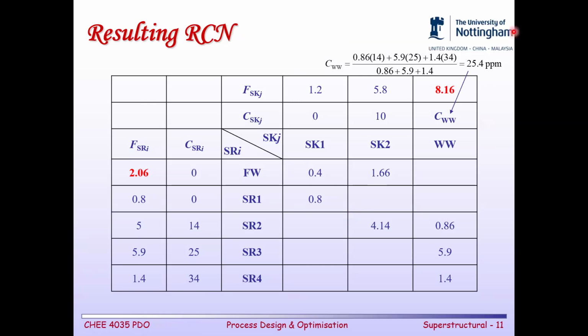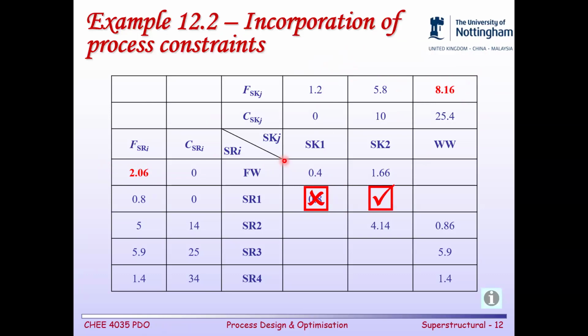Okay, so this slide just shows the freshwater flow rate and the wastewater flow rate as well as the wastewater concentration, which was computed manually. Okay. What if we want to force a design?